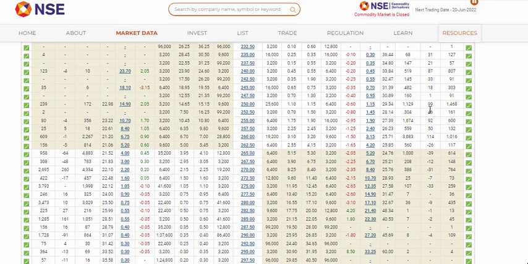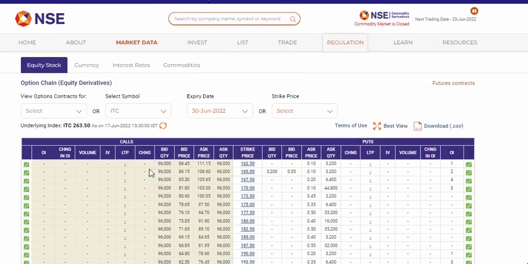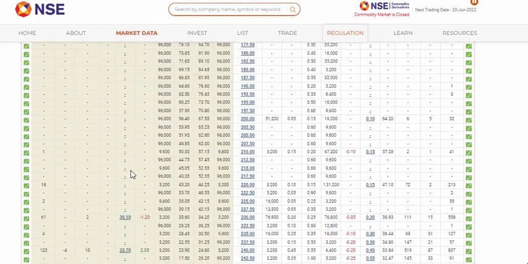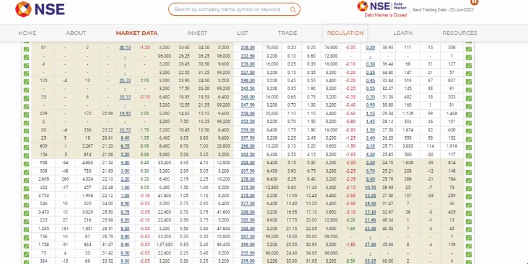Right? So now look at this call side and put side. What are the numbers you need to look at? You need to look at some specific numbers. The strike price is right here now, 265. This is the next one.